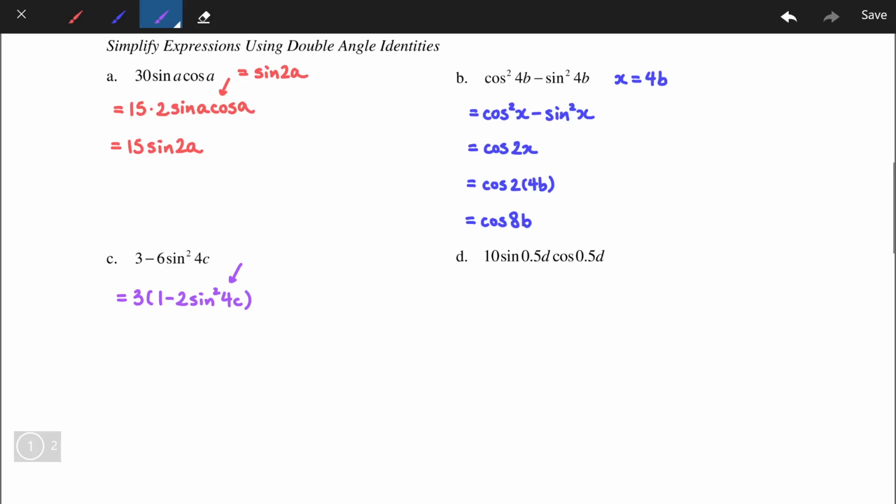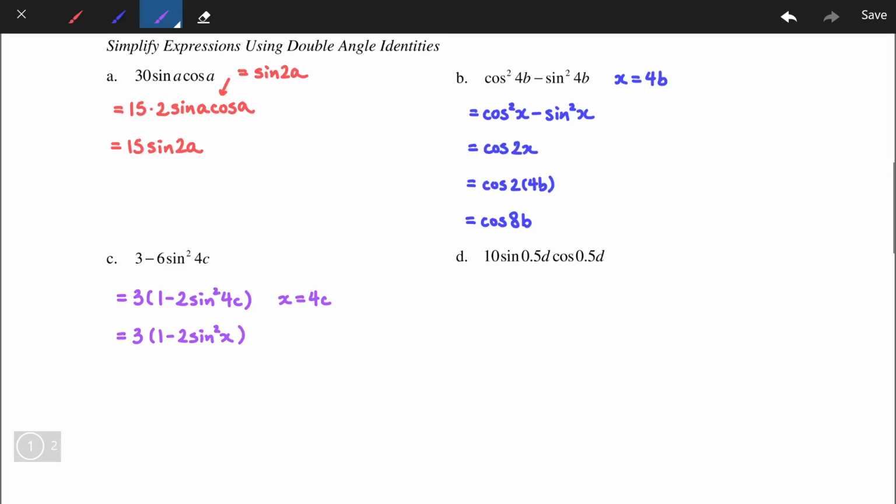So even if there's a common factor of 2 or 4, that 4c stays together in the argument of the sine ratio. So we can now let x equal 4c. So we'll have instead 3 times and then 1 minus 2 sine square x.